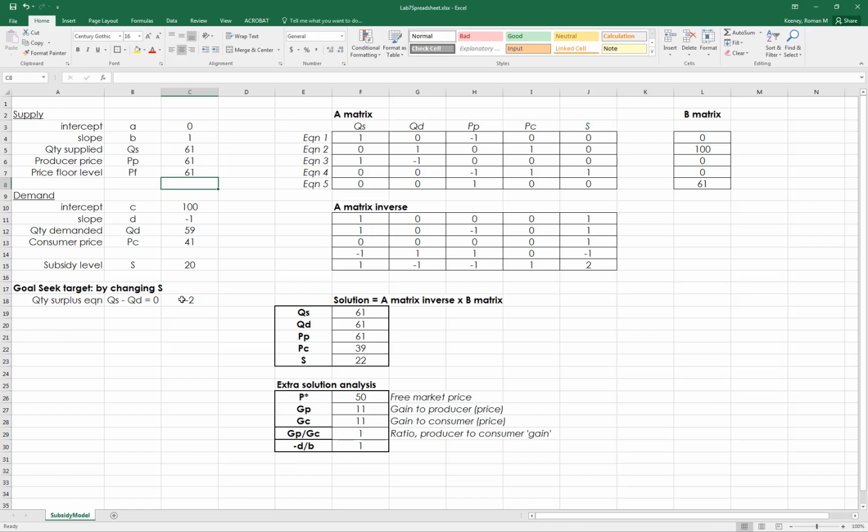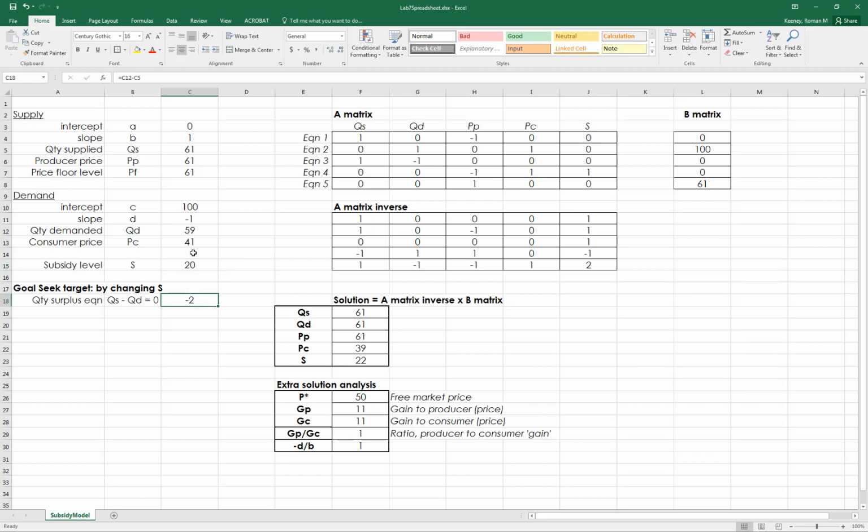Well, that introduced an imbalance, and now the quantity supplied is less than quantity demanded, because the subsidy value didn't change. So the thing for us to do is to reevaluate using goal seek. We are going to target this to be 0 by changing the subsidy level, and hopefully we'll get the new equilibrium result.